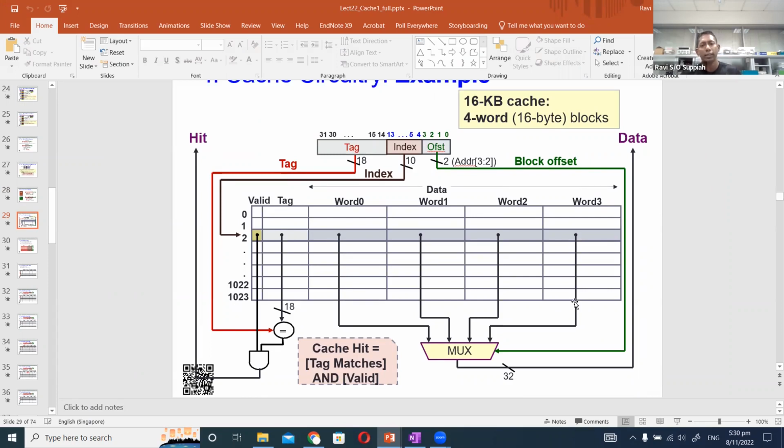So you can ignore the last two bits and take the remaining bits. That is why over here, for example, I only need to take bit 3 and bit 2 to know whether I'm talking about word 0, word 1, word 2, or word 3, because the last two bits will always be 0.